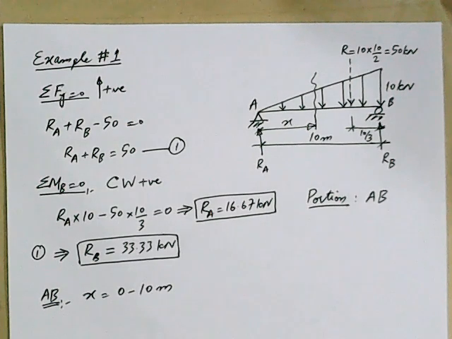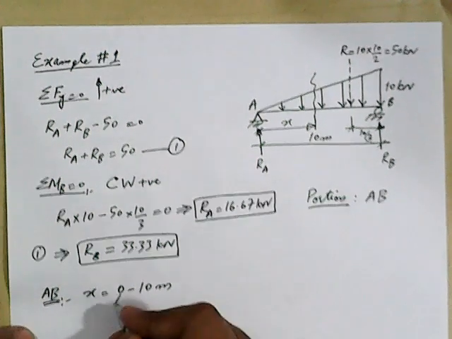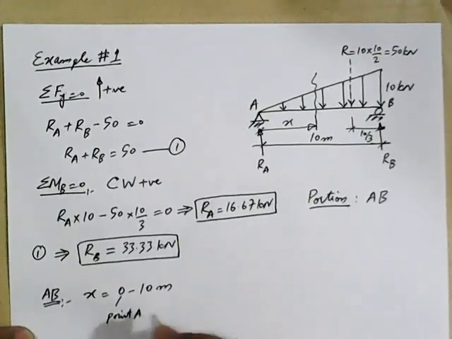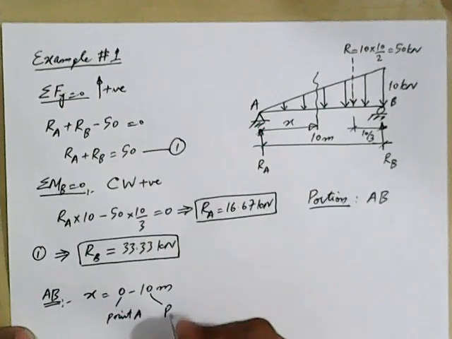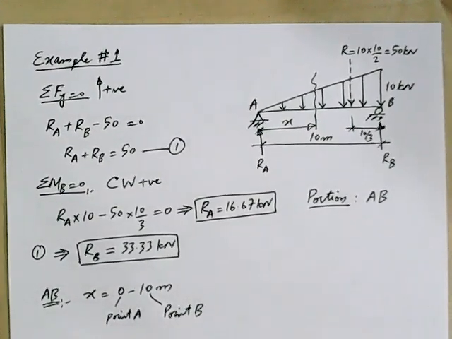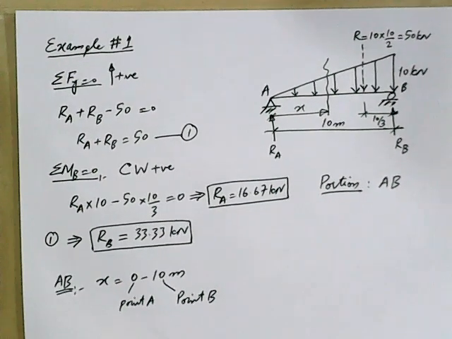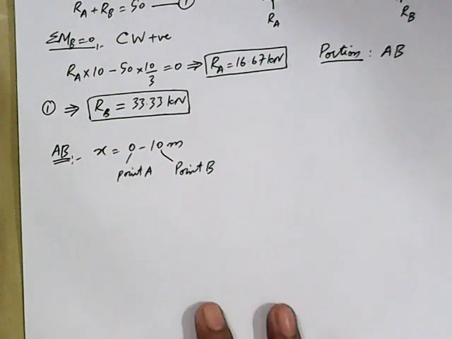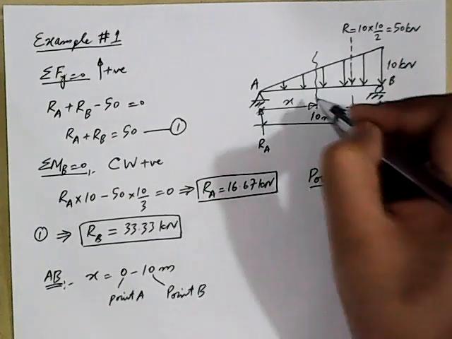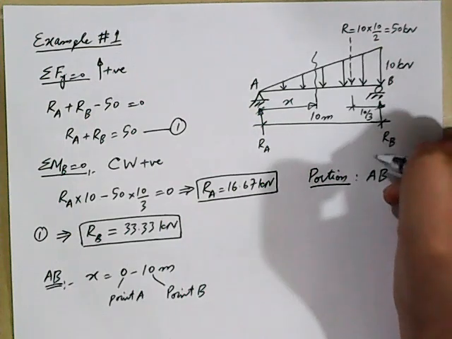Now let's draw the free body diagram of this portion. 0 is point A and 10 meters is point B. To draw the free body diagram, I will have to consider either the left part of the section or the entire right part of the section.